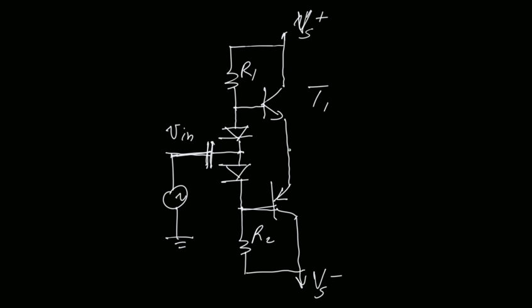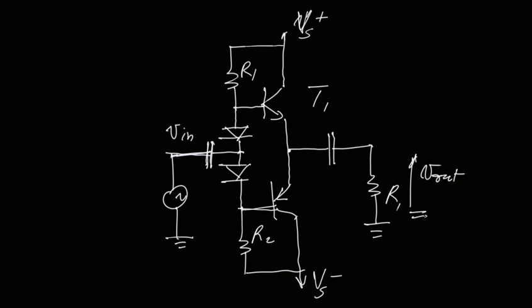The output is taken exactly out of the point where we had it earlier. So we have a coupling capacitor and there's a resistor. We can remove the coupling capacitor, by the way, in this case, and it wouldn't change much. This is the load and this is our Vout. So Vout is taken from here to here, whereas Vin is taken from the ground to here.